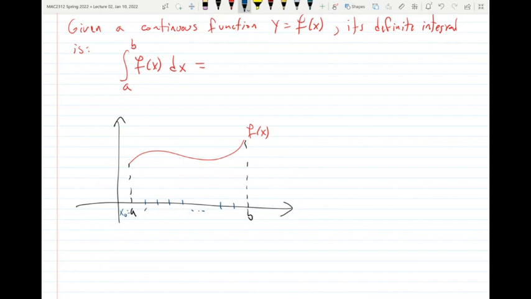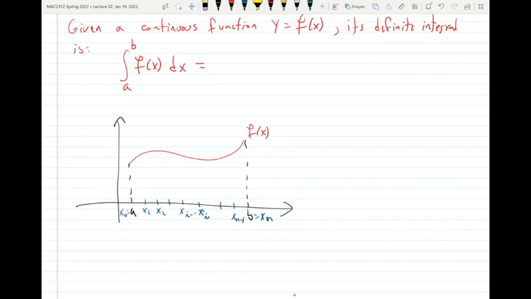So we call this x0, this is x1, x2, etc., xi, and then the last pieces, xn minus 1, xn. So we partition the interval a, b into little pieces, and then each interval is going to be the base of a rectangle. Then we draw rectangles. Just pick a point, whichever point you want inside. I'm going to take a typical interval here, and i is an index that goes from 0 to n.